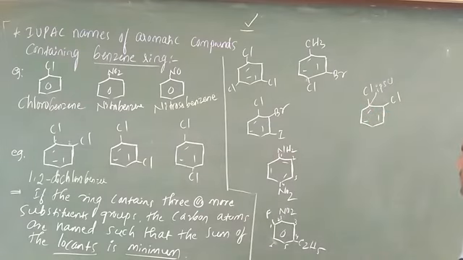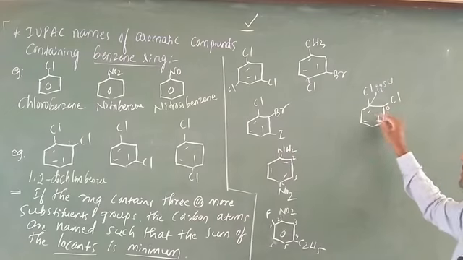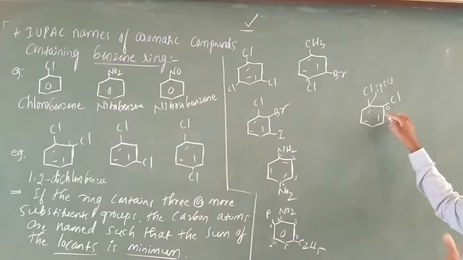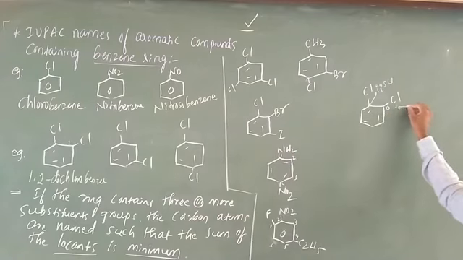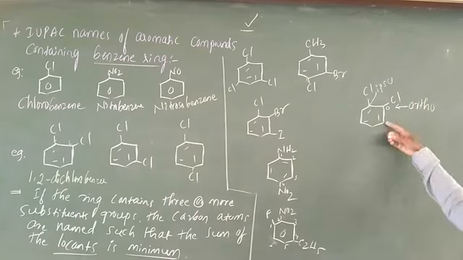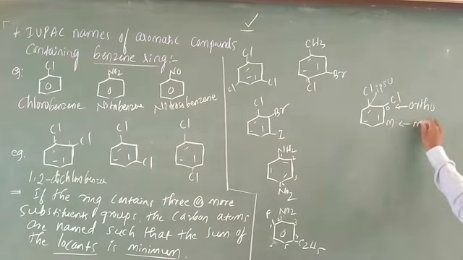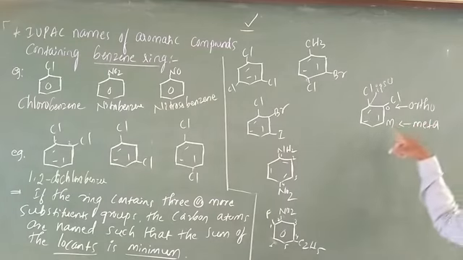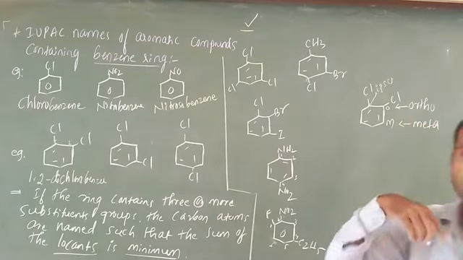The next carbon is ortho. The short form we write is O, the arrow mark, ortho. Clear. The next position is meta. All these names come under the common name.